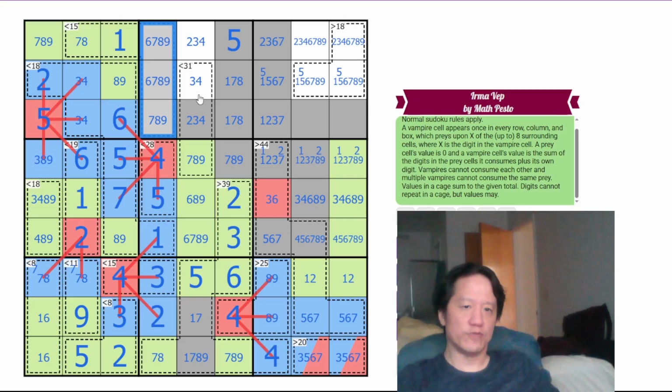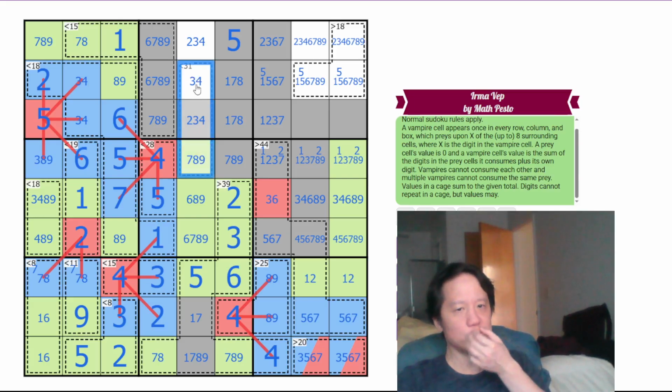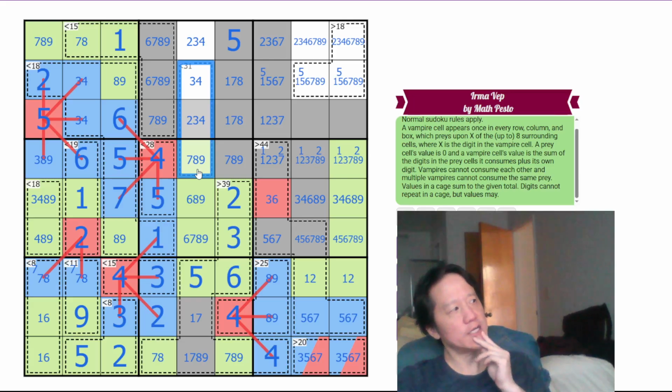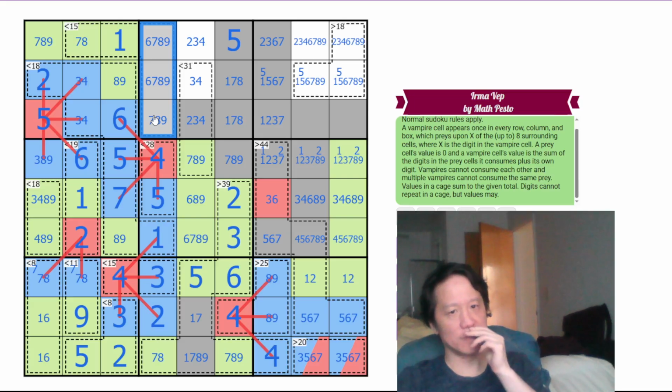It could even pull 4, right? What's the minimum here? 4, 2, and 7, right? So 4, 2, and 7 is 13. And then it pulls 17 at least from here.